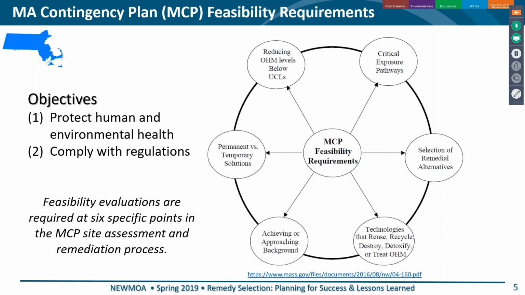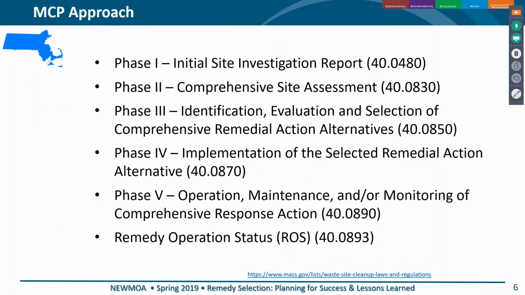And the regulations you're complying with under the MCP plan are these spokes on the outside of that wheel. Each one of those is a specific regulation that you have to consider when you're looking at the feasibility requirements. So this first site, oh, excuse me, not on this site yet.